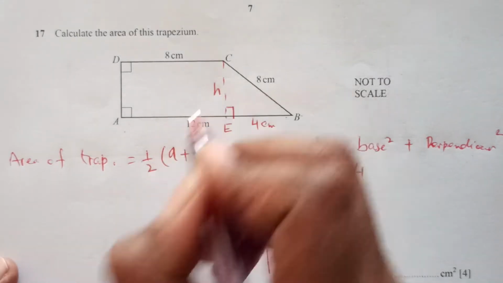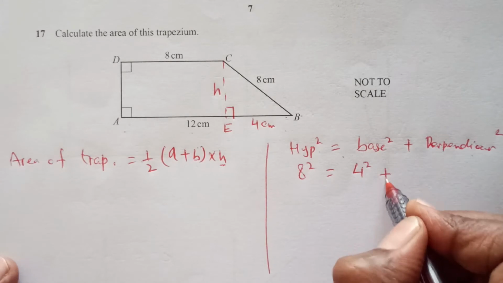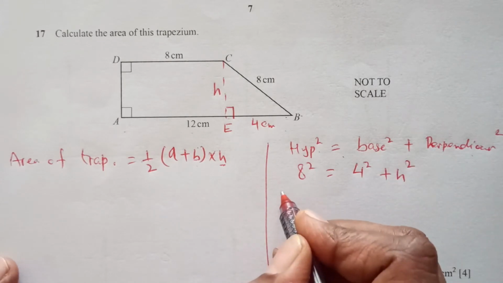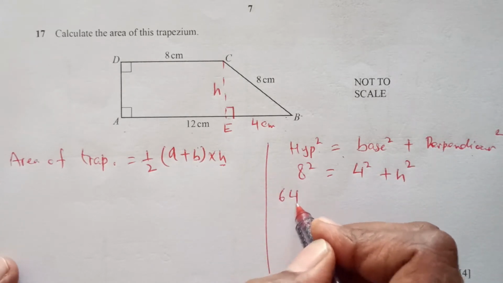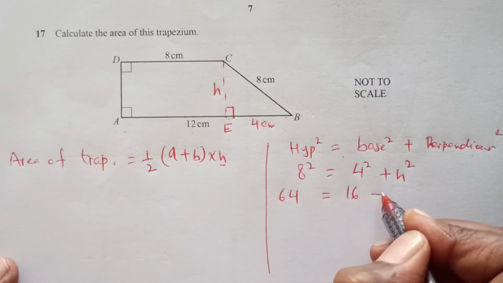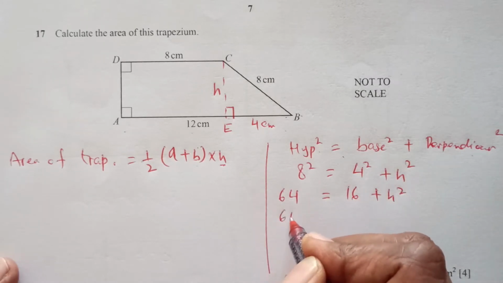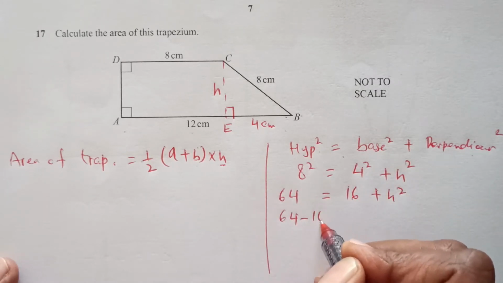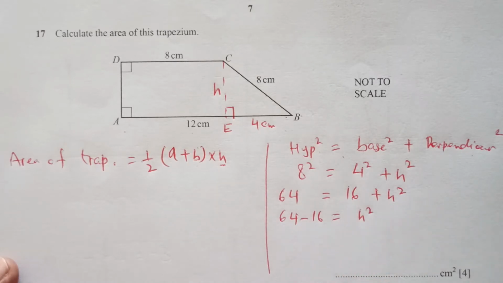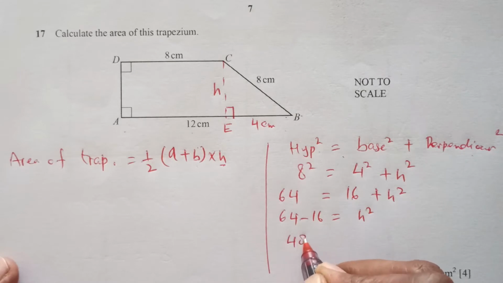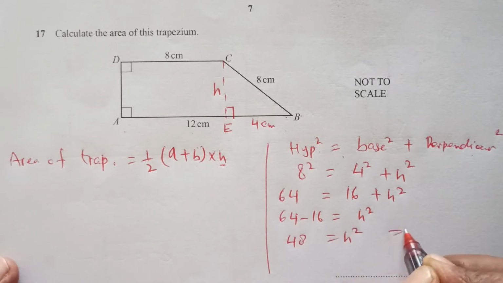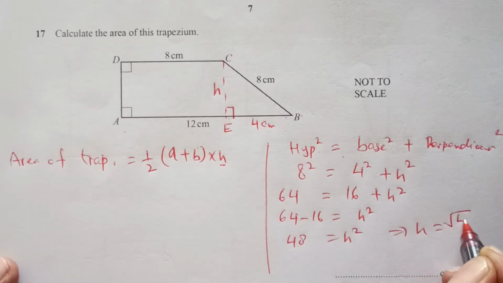Let's say this is H, the height that we want to find out. So 8 squared is 64 and this is 16 plus H squared. So 64 minus 16, this is H squared. When you subtract, this comes out to be 48, H squared. So H will be square root of 48.